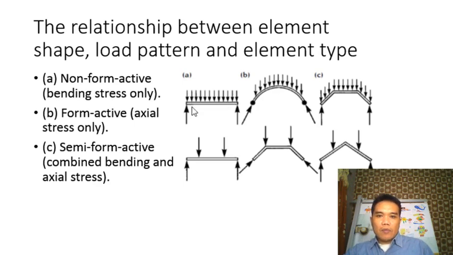So this non-form active bending is common for column and beam structural systems, let's say. But form active can be used more efficiently in the way to transform the load and the reaction of the elements of the buildings.